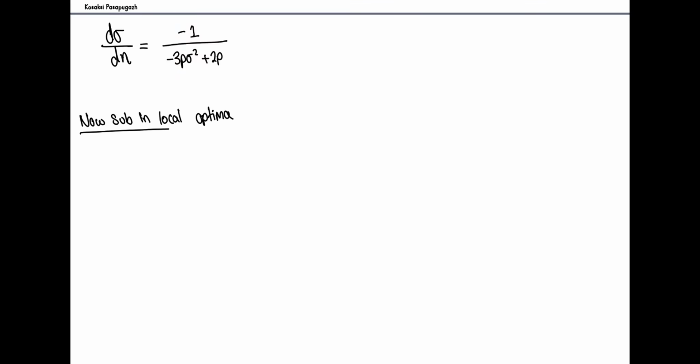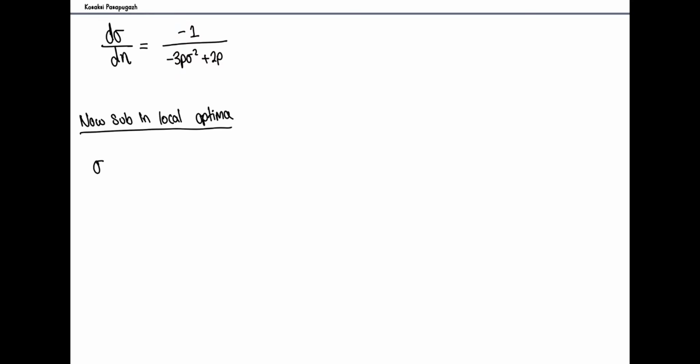Okay, now we're going to use that. So let me just rewrite that on a new page. This is not much space given. So d sigma over d eta is equal to 1 over minus 3 phi sigma squared plus 2 phi. If we now sub in the local optima points, so sub in 0, root 2, minus root 2.